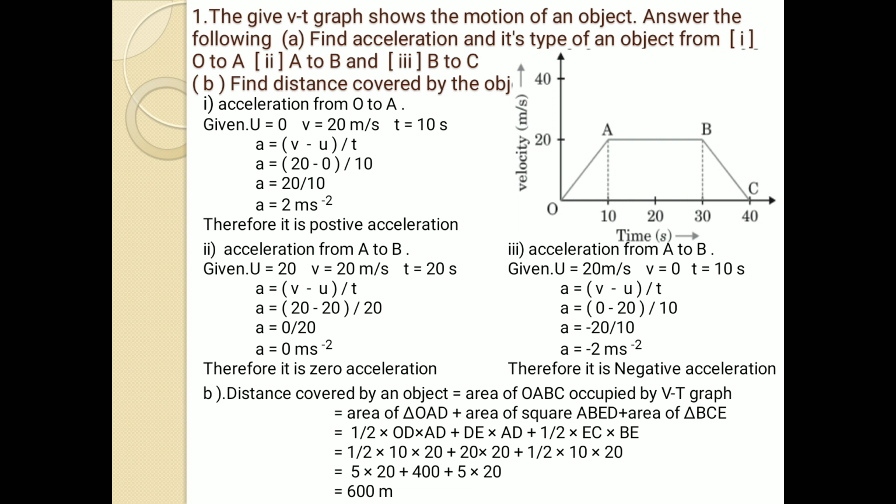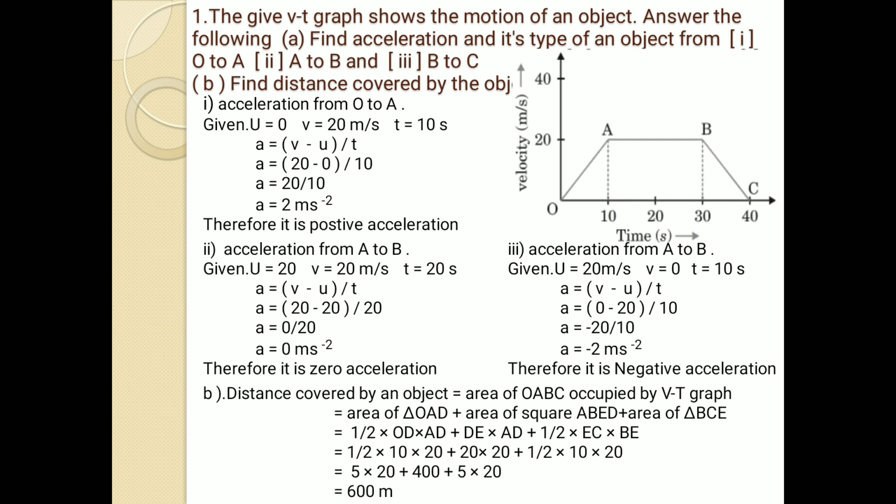So 20. Plus, next, DE into AD, that is 20 into 20, because both sides are equal, because it is a square. Plus half into 10 into 20, because EC is 10 and BE is 20 meter.